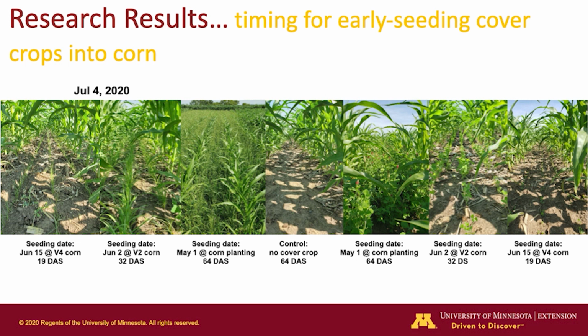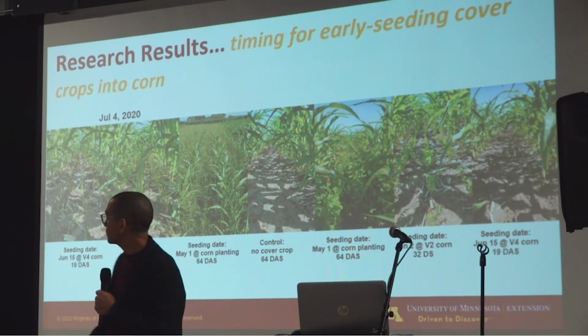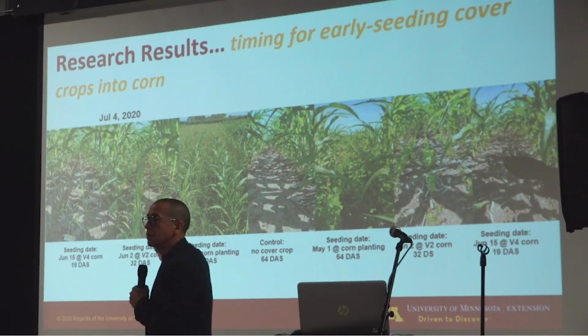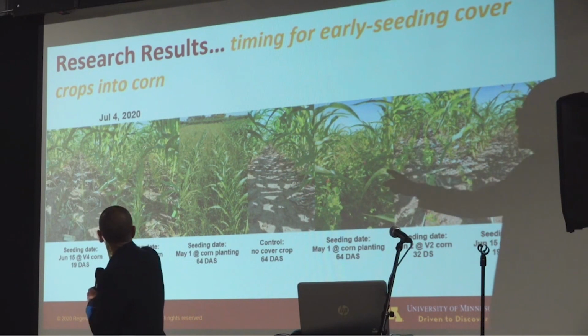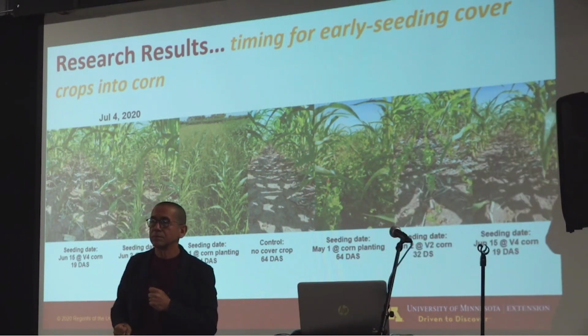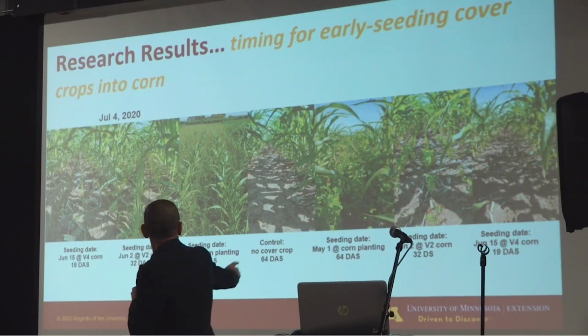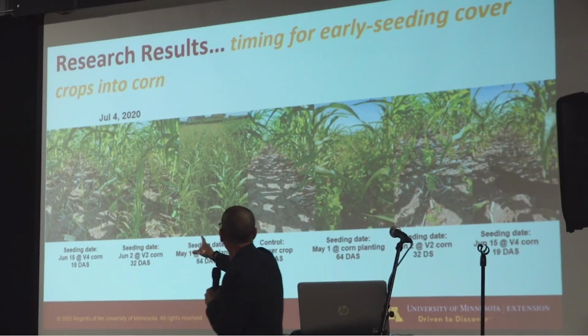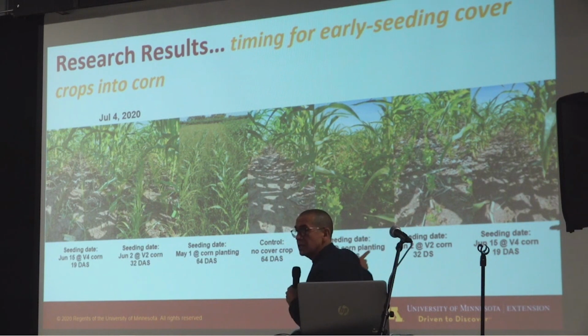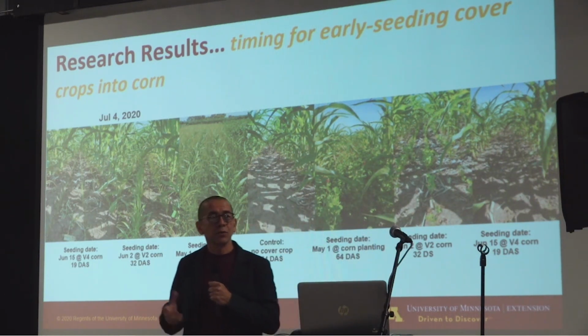In this trial, in the treatment where I put cover crop along with the corn, my corn yield for that year was around 40 bushels or less per acre, okay? With the annual ryegrass. With the crimson clover it was less, 30 bushels or something like that.